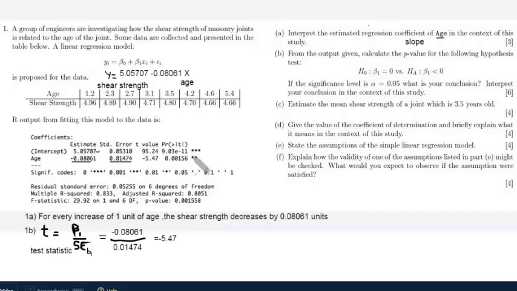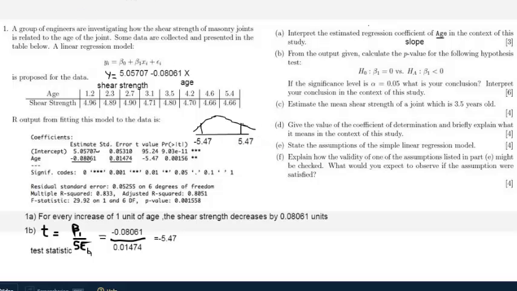As this is a left tail test, the probability given here is the probability that it is greater than the absolute value of t. What that means is, suppose this is negative 5.47, and this would be the absolute value 5.47.